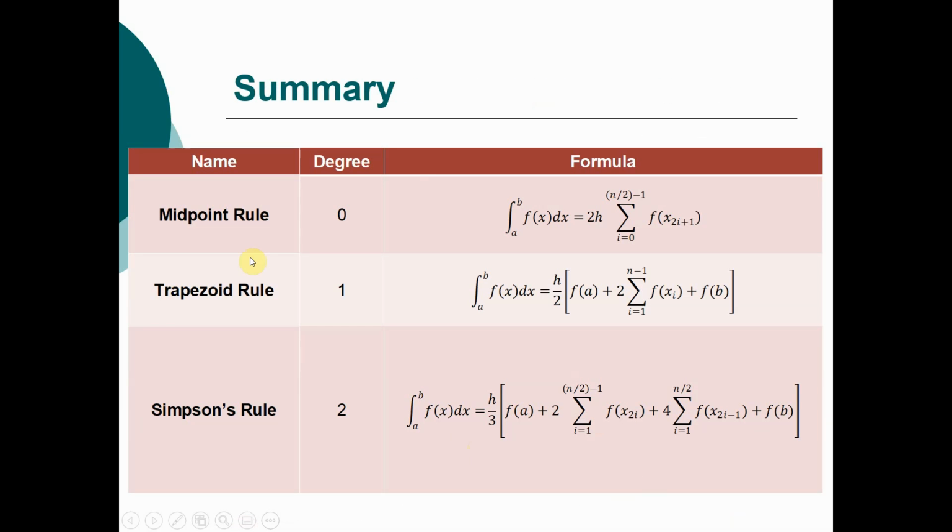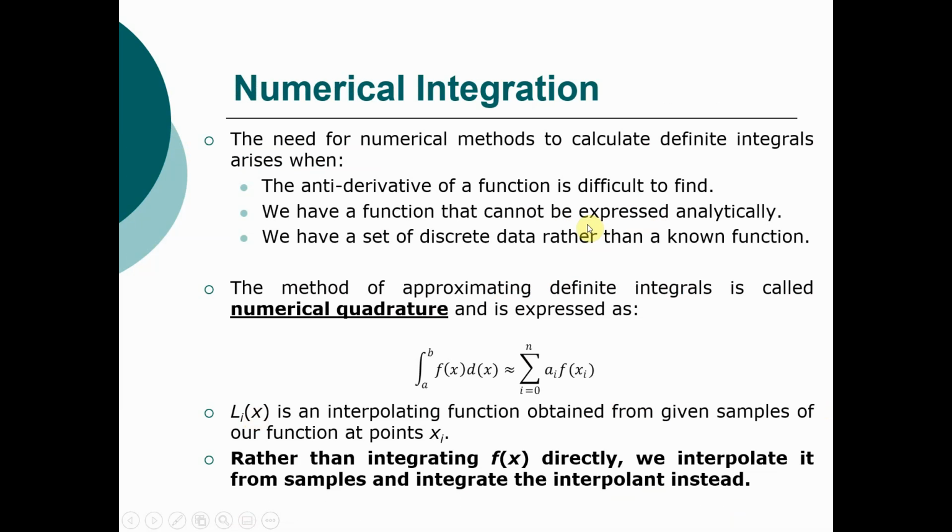This summarizes all the formulas that we saw earlier for the midpoint rule, for the trapezoidal rule, and for Simpson's 1/3 rule. So as a sum up of what we've seen, the whole point is approximating the definite integral with something that we call numerical quadrature.